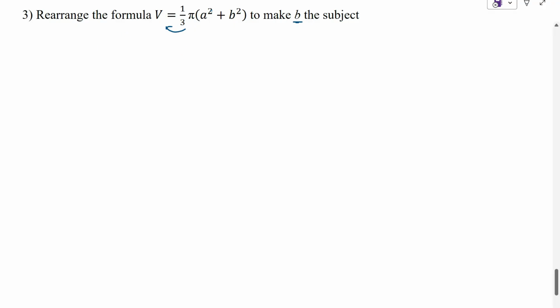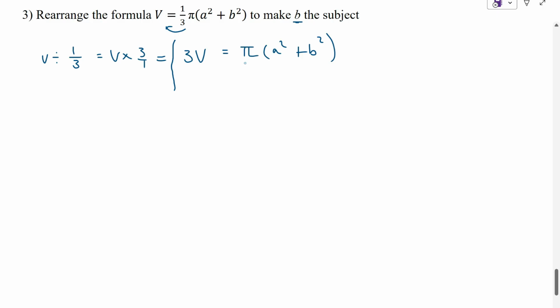So v divided by 1 over 3 is the same as v multiplied by 3 over 1, which just gives us 3v, which equals pi(a squared + b squared).